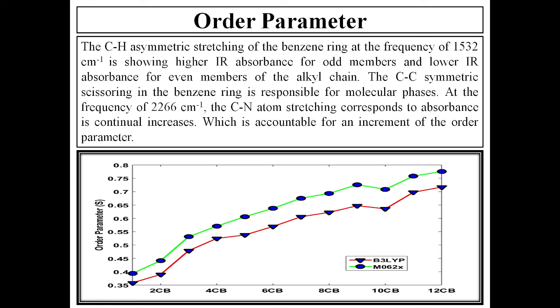Here is the symmetric stretching of the benzene ring at a frequency of 1532 cm⁻¹, showing higher absorption for odd numbers and lower IR absorption for even numbers of the alkyl chain.